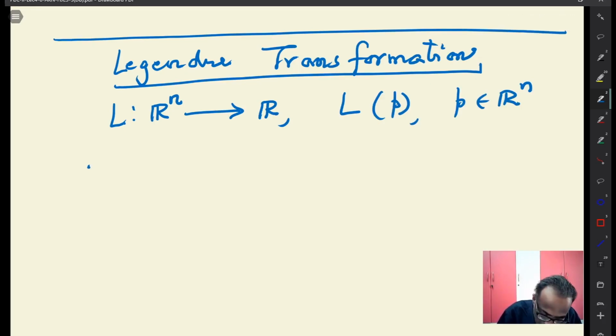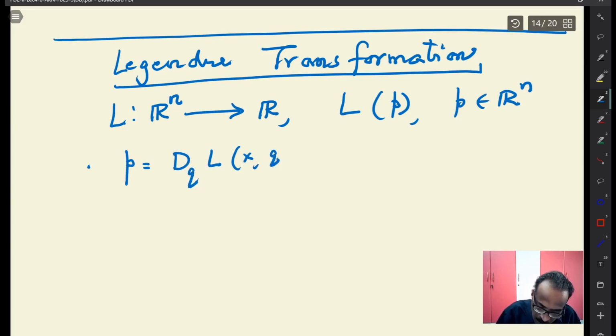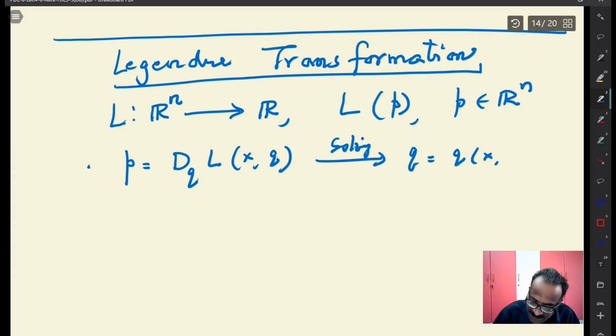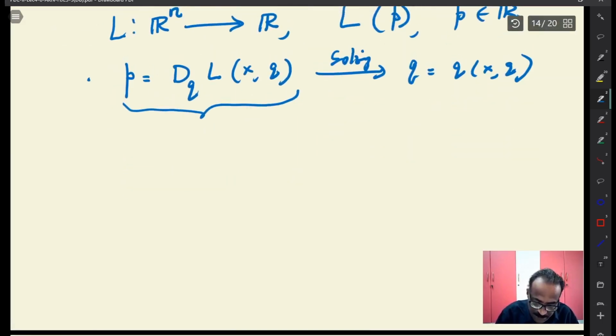P is given, you solve this equation. Solving, you get Q is equal to Q of X, P. Look at this equation, you are solving this one.